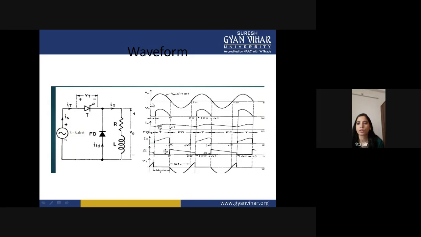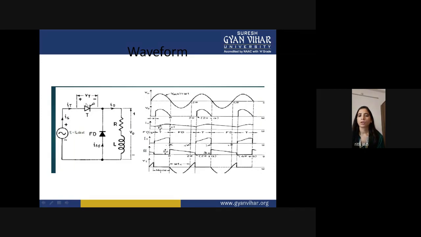So first we will talk about this positive half cycle. When you apply positive half cycle to this terminal, the terminal of this thyristor becomes positive and the other terminal becomes negative. Now what is happening?